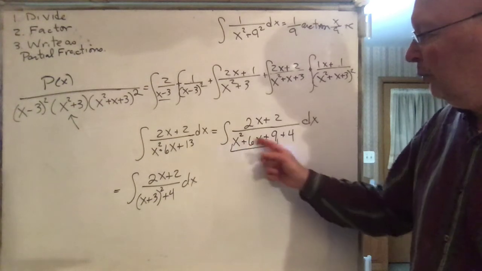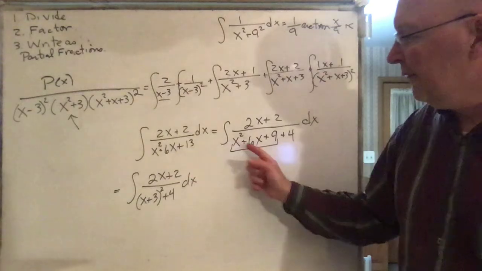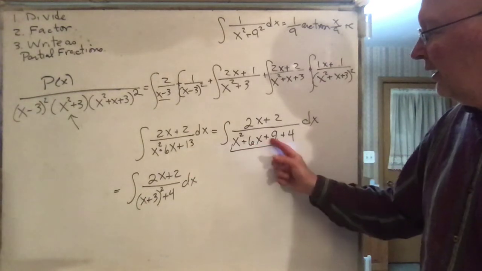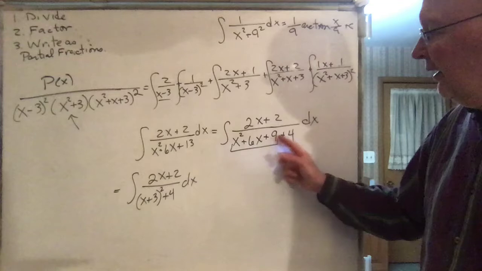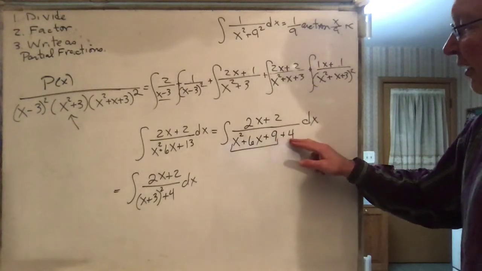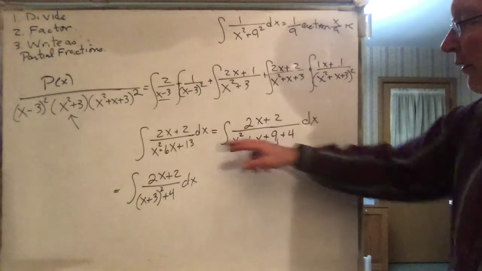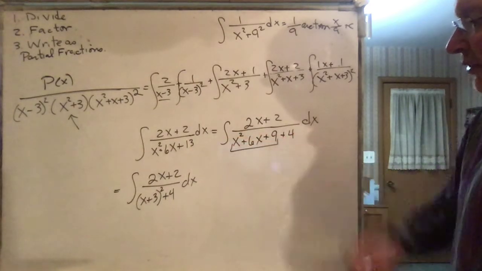I teach my pre-calculus class this stuff as well, completing the square. So you take half of this number and you square it and you get 9, so you add your 9 there, and then here's the stuff that you need that's left over. It's always going to be plus something. If this were minus something, then this could be factored.